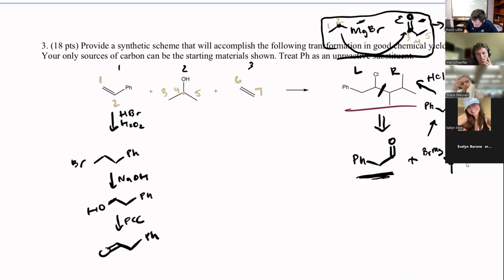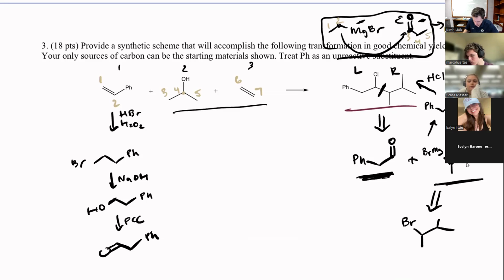So I've got this piece. I'm good to go. Now the question is, how do I make this piece? You can use both of what you have, the OH and the double bond. So I'm going to have to use both starting materials. I'm imagining this Br was here. So what new bond do I have to make?